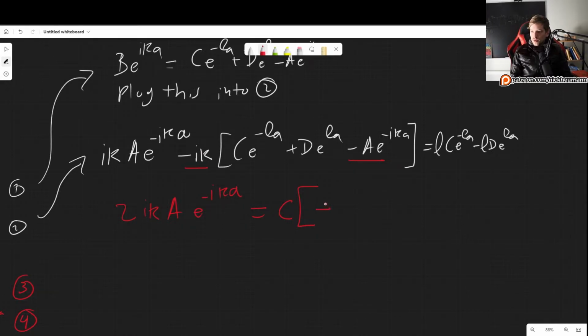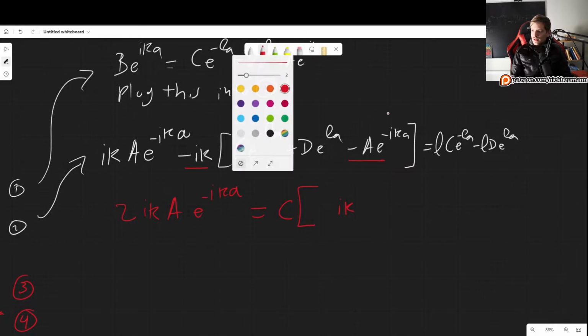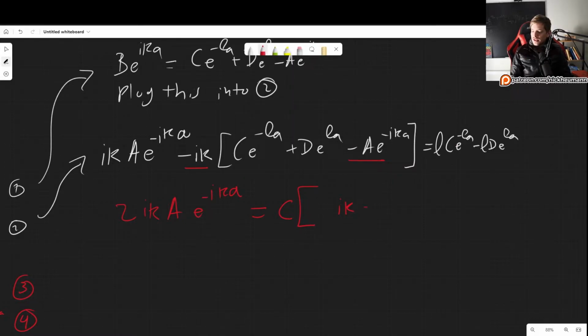So we get plus IK, and we have this e to the minus LA on both of them, so we can factor it out. And then we have L, so we get IK plus L times e to the minus LA. And now factoring out D, what do we have? So this will be positive, which will be IK, and then we have minus L e to the LA.